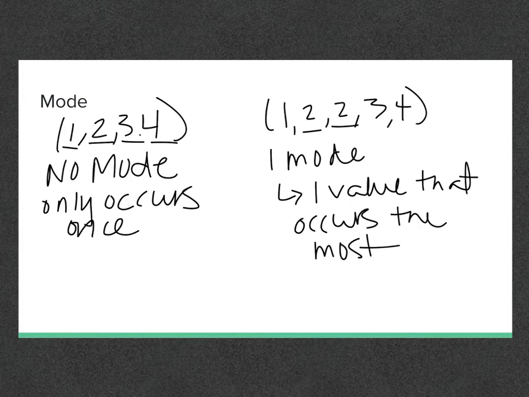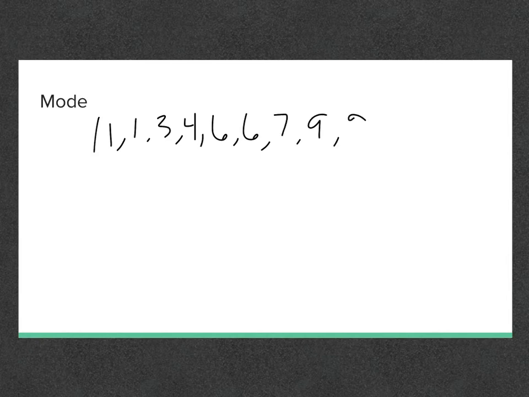Then I can also have a data set where I'm left with multiple modes. So say I have something like 1, 1, 3, 4, 6, 6, 7, 9, and 9.